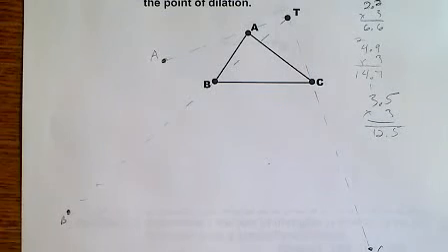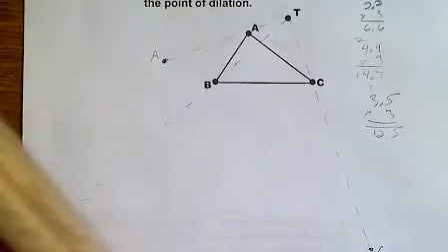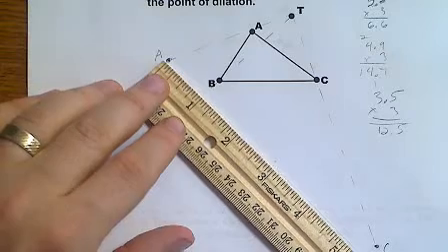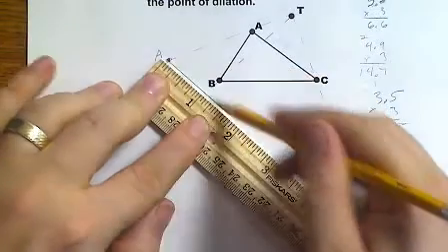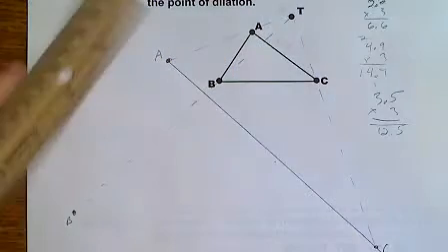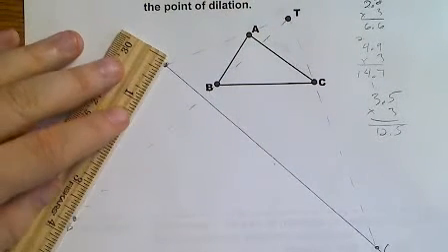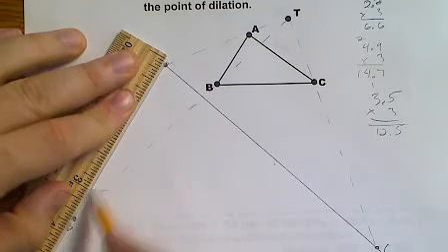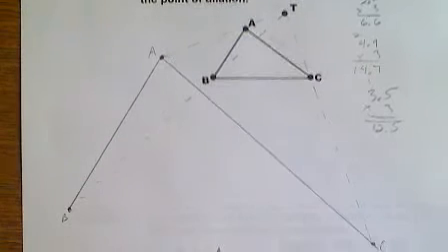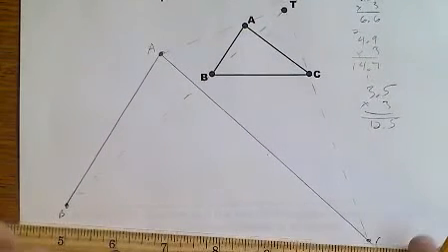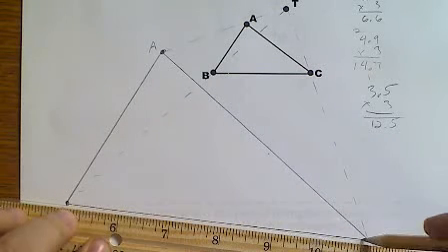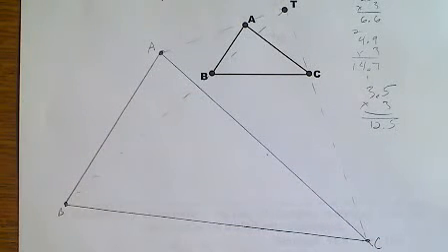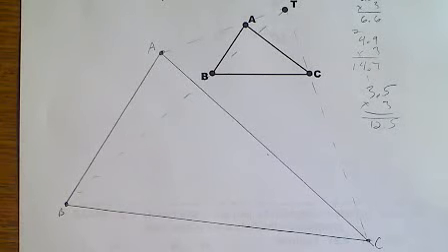To redraw my triangle, I connect A, B, and C. And I've got my new triangle.